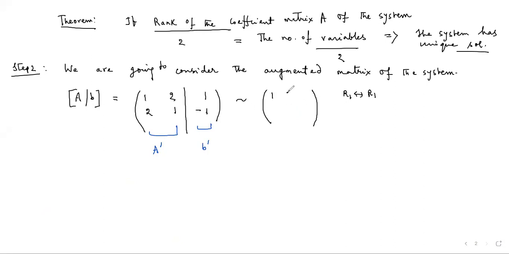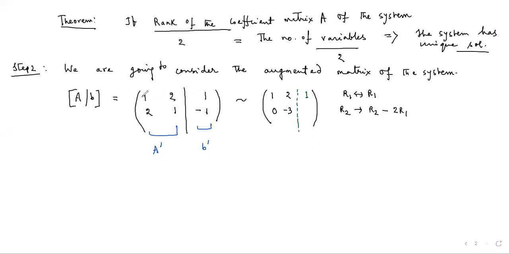So I'm going to write 1, 2 over here and put a vertical bar like this, and this one will also be there. No change in the first row. In the second row, I'm going to apply this operation. R2 is going to change as R2 minus 2 R1, and we know what that is. 2 minus 2 is 0. 2 minus 2 into 2, that is 4, 1 minus 4 is minus 3.